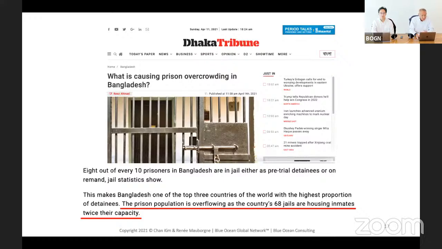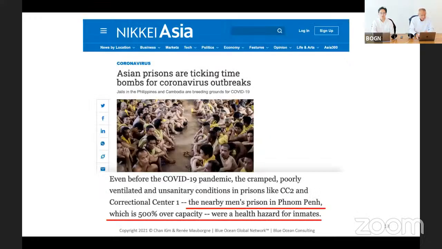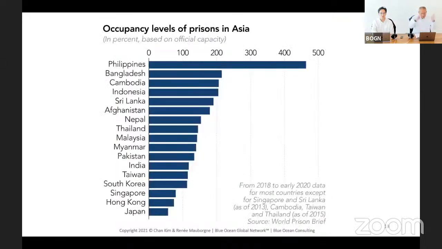Typically, in our ASEAN neighbors, it is 500% of capacity. Now look at the overall statistics in the world. Occupancy level is over capacity by almost 400%. You can check, and if you want to reference your own country, you can look at how many percent overcrowding.